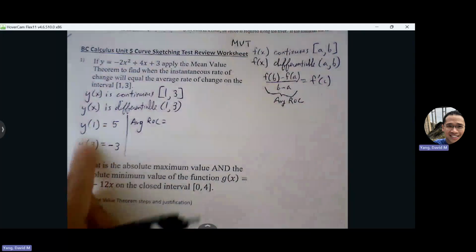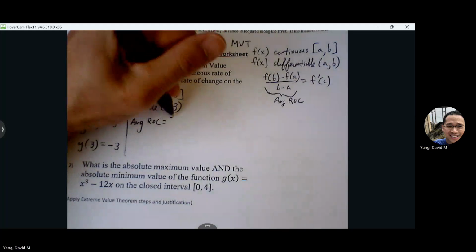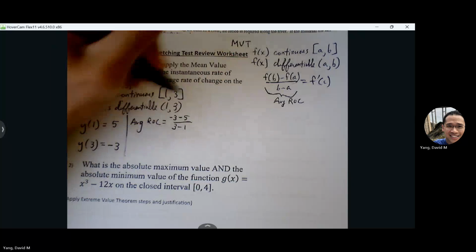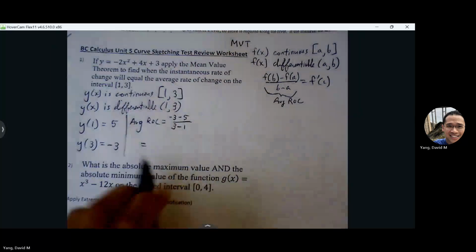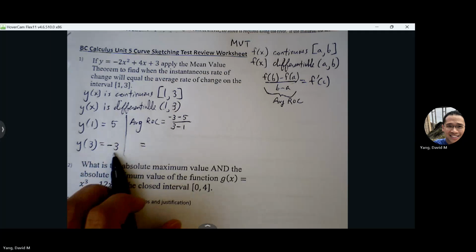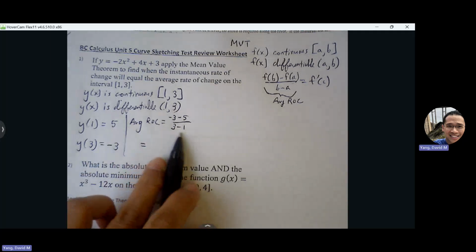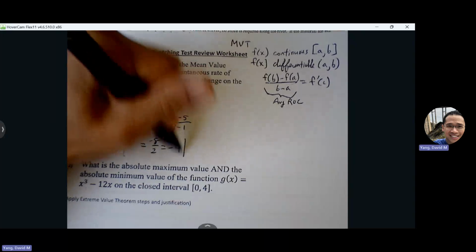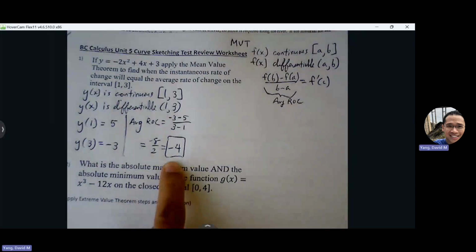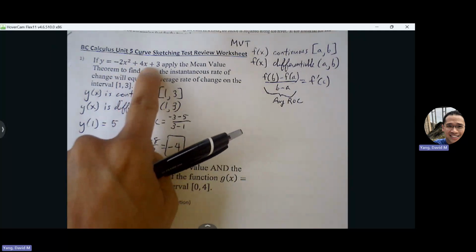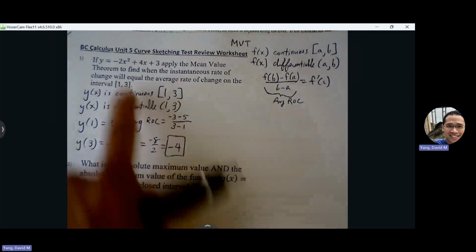That's just the slope between the two endpoints. Change in y over change in x: -8 over 2, which is -4. So now we know this is our average rate of change. This is the slope that lives between the two endpoints. We're now just asking the derivative to tell us where the slope is going to live on this curve.